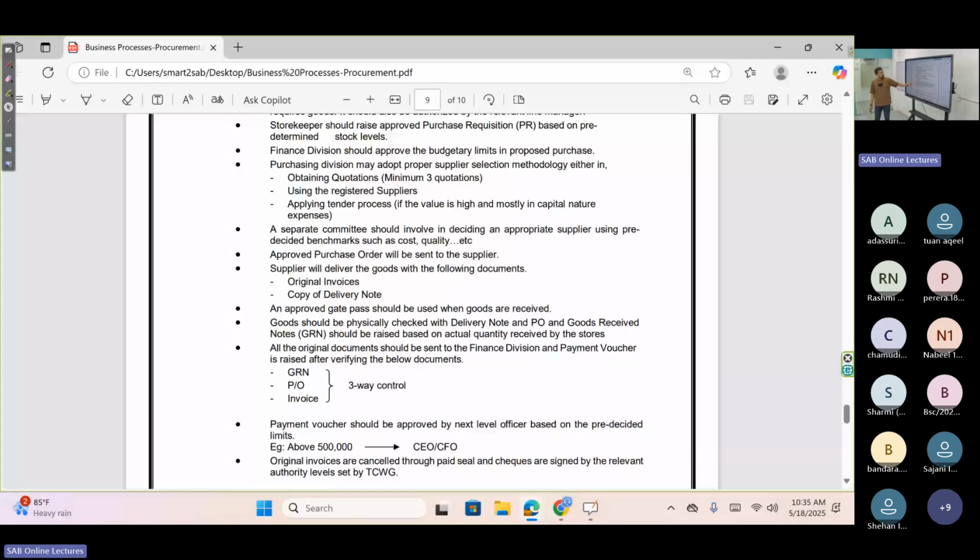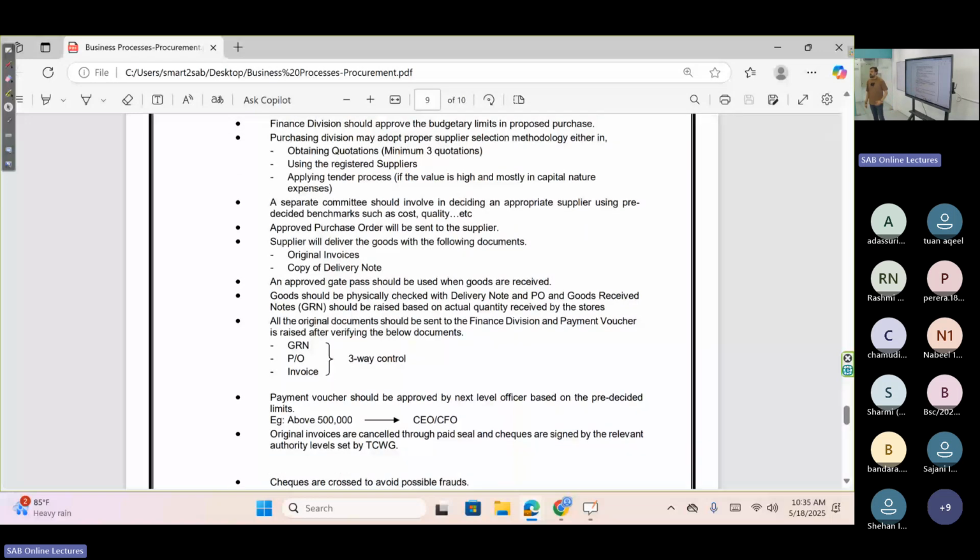An approved gate pass should be used when goods are received. At the time of receiving the goods, security should issue the gate pass also. Those are the controls. Goods should be physically checked with the delivery note and PO, purchase order, and goods received notes should be raised based on the actual quantity received by the stores.